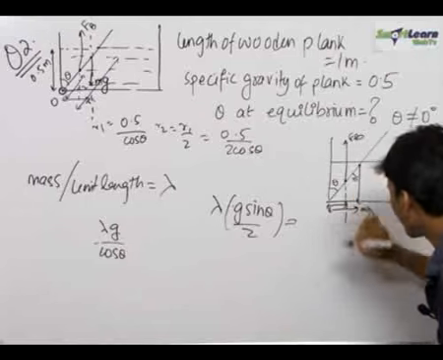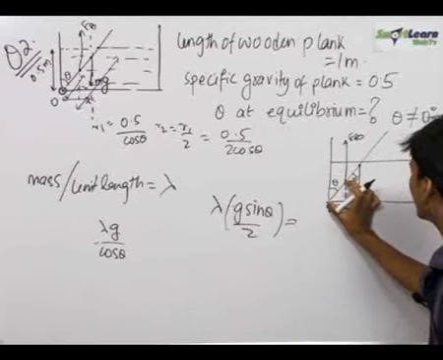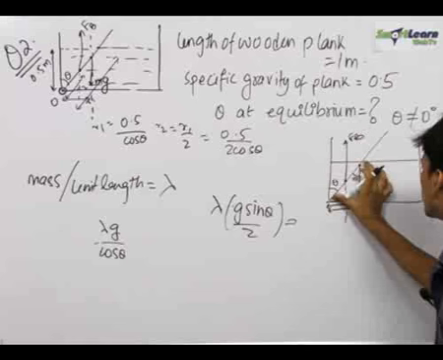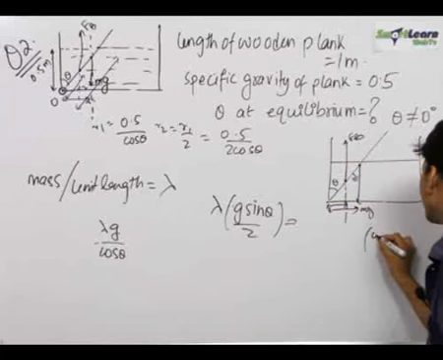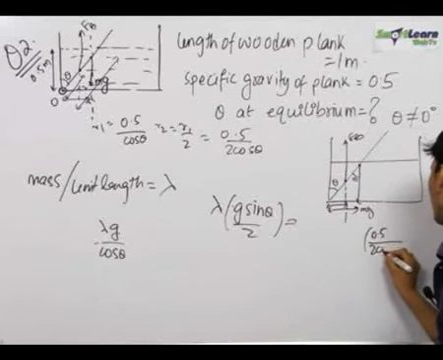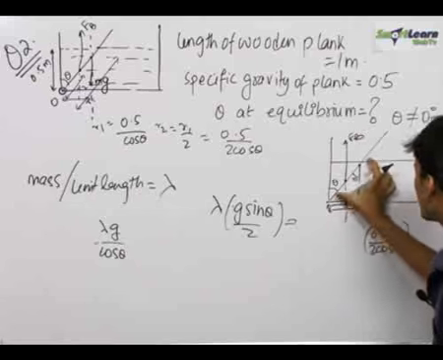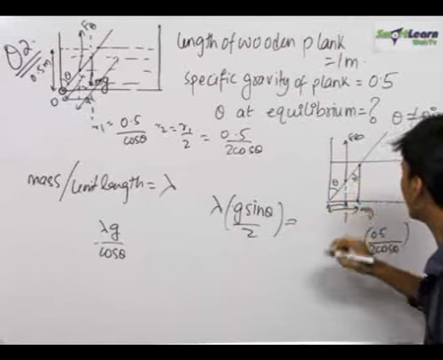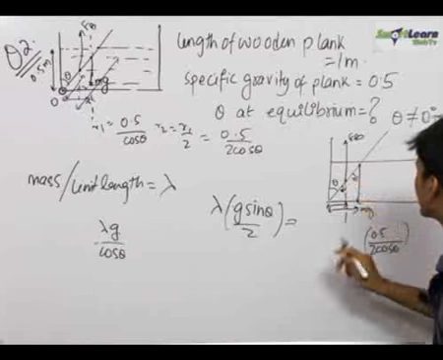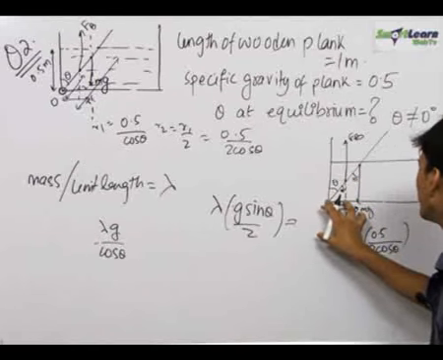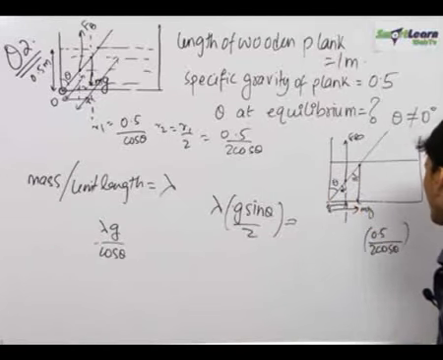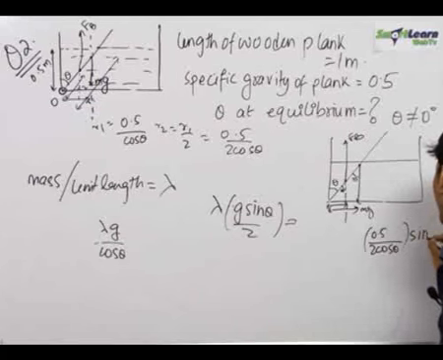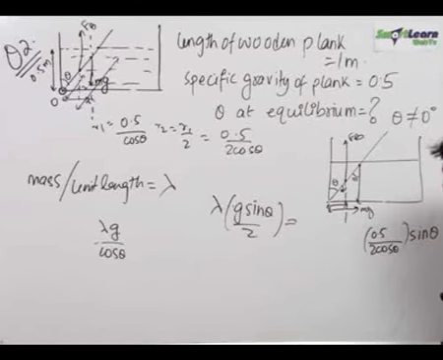So this distance, this being 0.5 upon 2 cos theta, this was 0.5 upon cos theta, this is 0.5 upon 2 cos theta, this angle is theta, therefore this will be this quantity into sin theta.